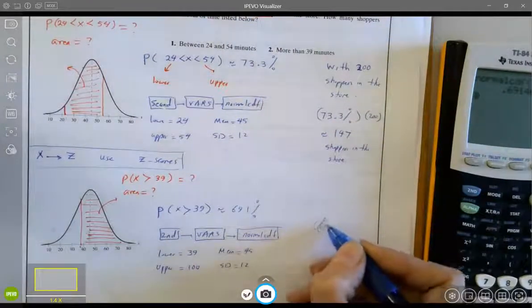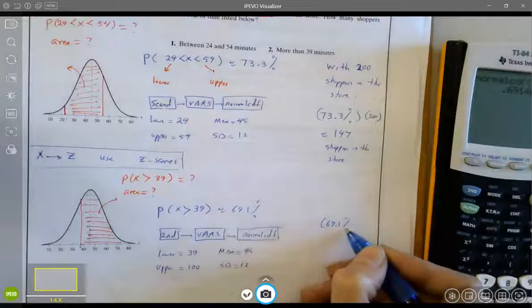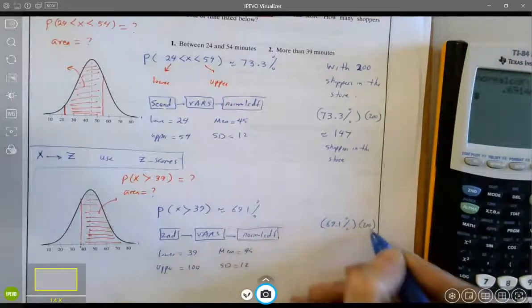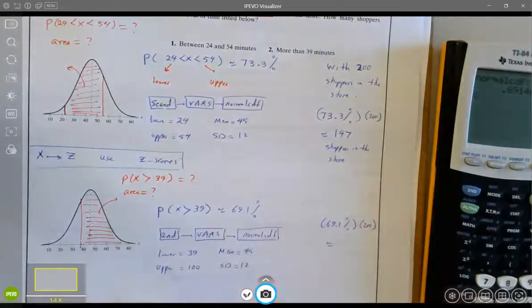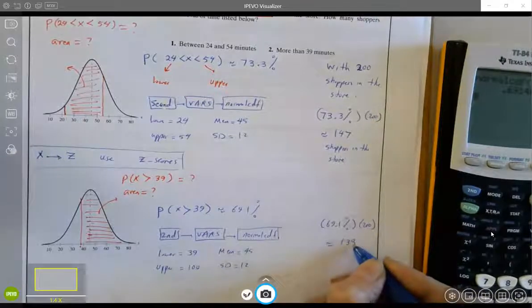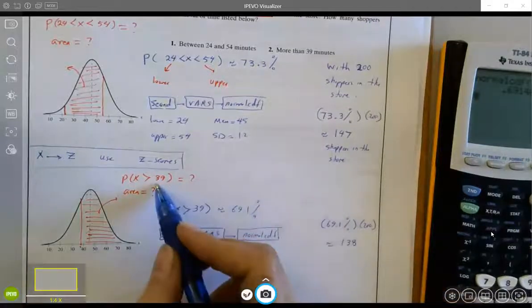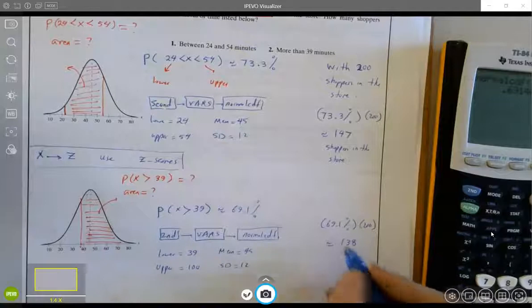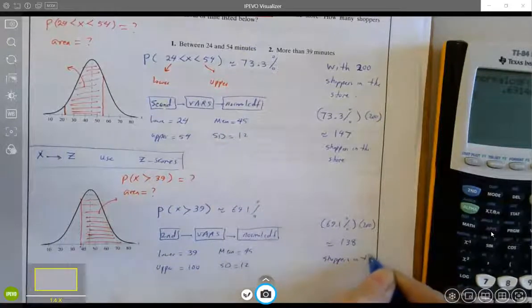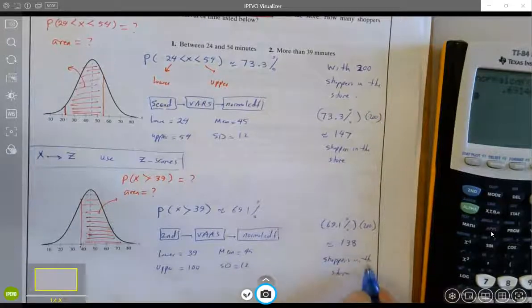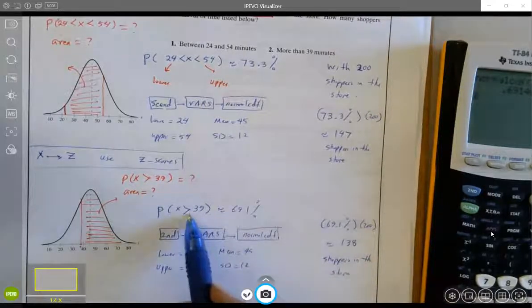So here you have 69.1% times 200, which is approximately 138 shoppers spending more than 39 minutes in the store.